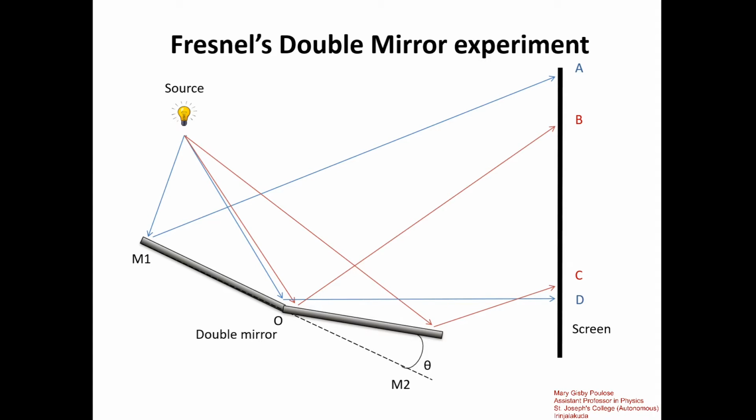So here in the region BC, we see that both the waves are interfering with each other, and in this region we get an interference pattern, and the nature of the pattern is that we have alternate bright and dark regions of equal fringe width.